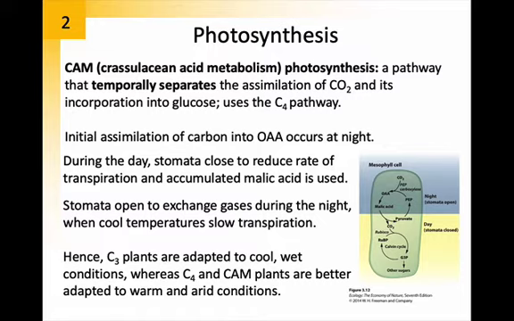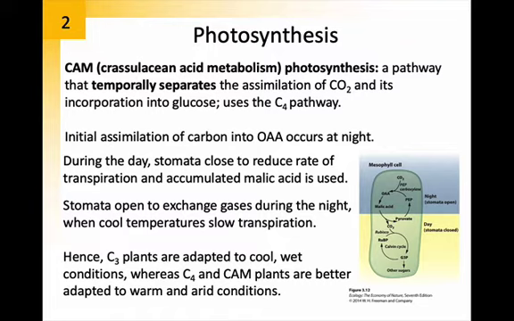And the absorption of CO2 occurs during the night. Why is that an advantage? Because at night, humidity is higher, because the temperature is lower. And so you can open your stomata only at night to absorb CO2, and the gradient between the moist inside of the leaf and the dry air is much less. You lose a lot less water.